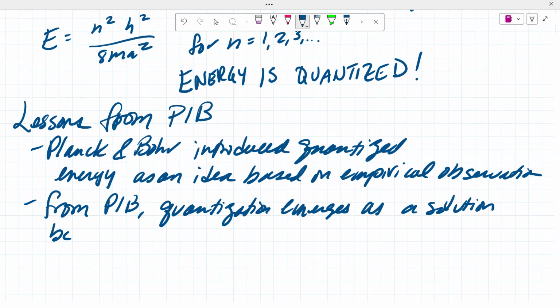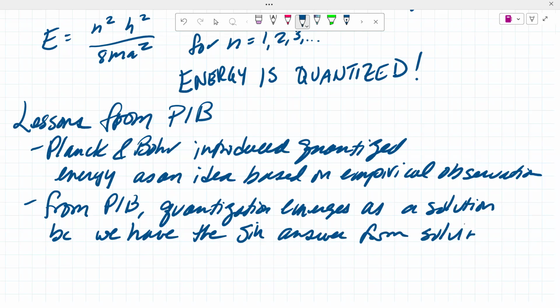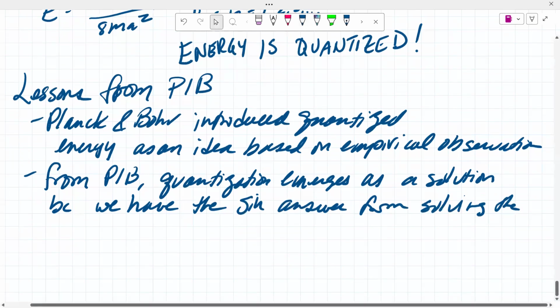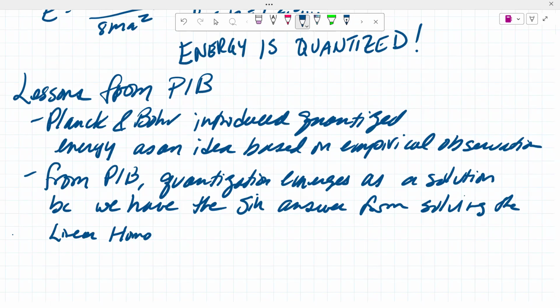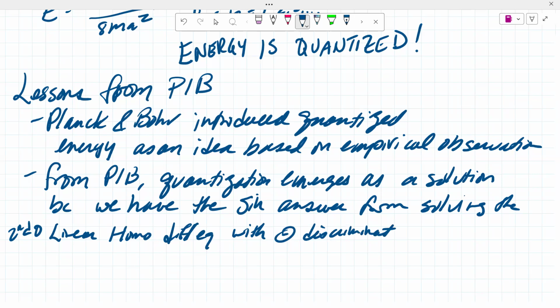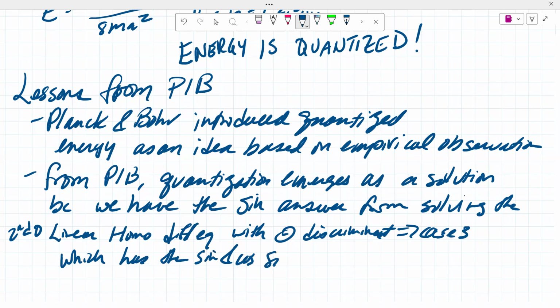Because we have the sinusoidal answer, the sine answer from solving the second order linear homogeneous differential equation with a negative discriminant, which led to case 3, imaginary, which has the sine and cosine solution.